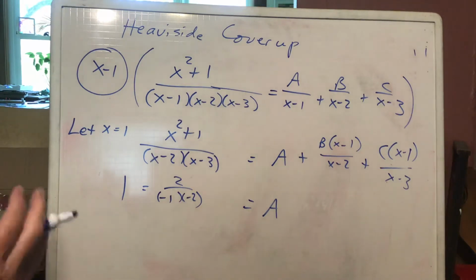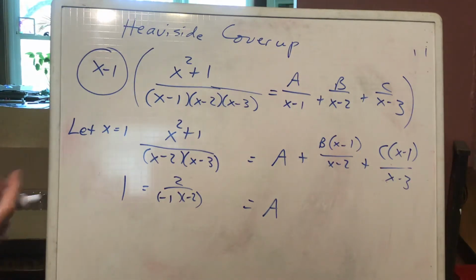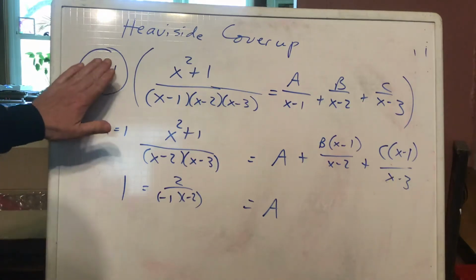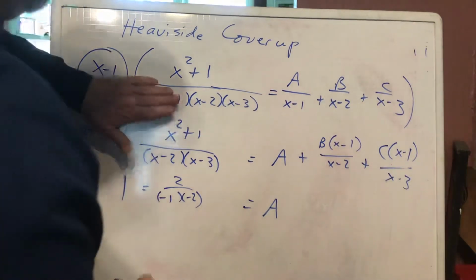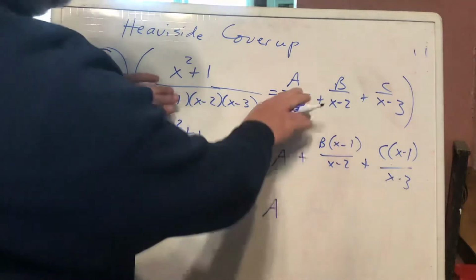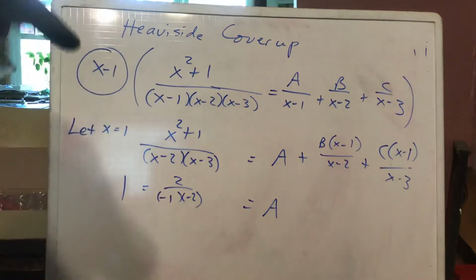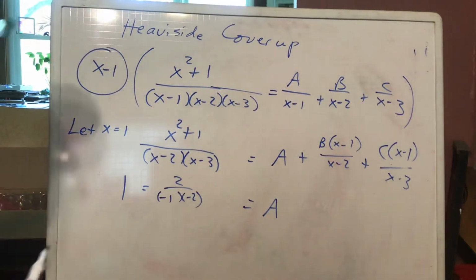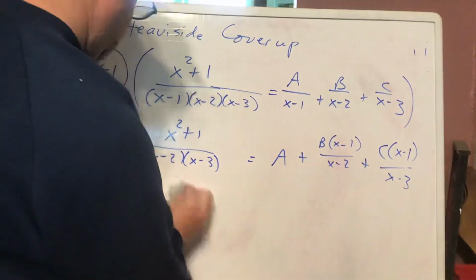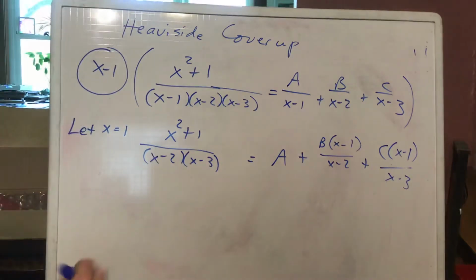Similarly, I don't necessarily have to write it out every time because I know exactly what's going to happen. By multiplying by x minus 1, the x minus 1 here is going to go away, so I can ignore it. A is going to be by itself, and those terms are going to go away. For the next one, while I'm dealing with x minus 2, I'm going to let x be 2.